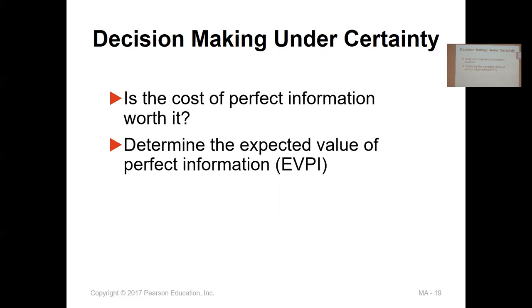So our last calculation is the expected value of perfect information, and if that's the case, then I know whether to actually try to get that better information or whether just to stick with what I have. So that's the last thing we'll look at.